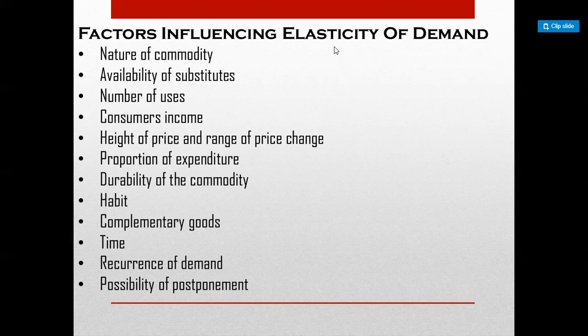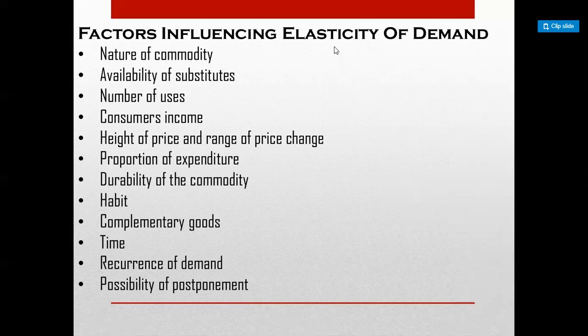If the commodity under consideration has several uses, then its demand will be elastic. When the price of such a commodity increases, it is put only to the more urgent uses, and as a result demand falls. When the price falls, it is used to satisfy even the less urgent needs and demand rises.